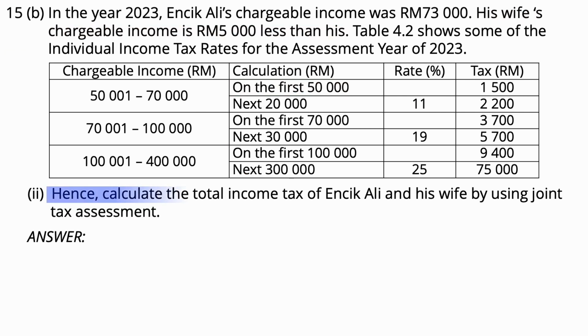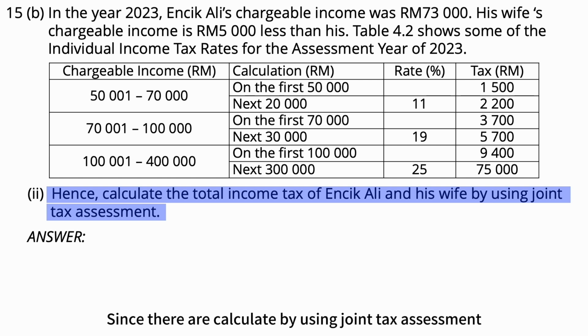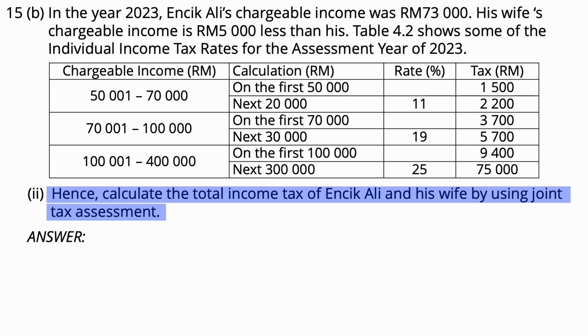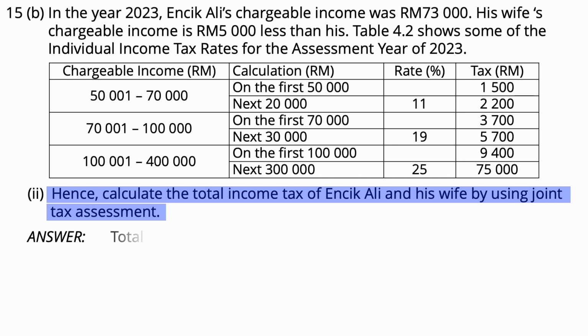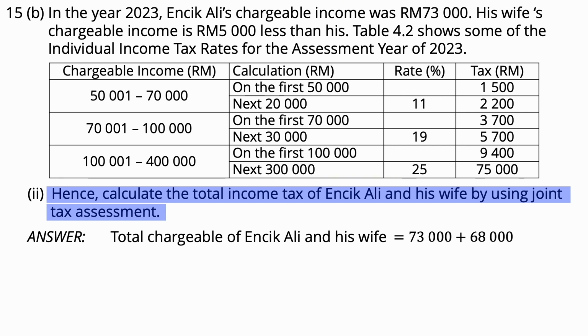B2. Hence, calculate the total income tax of Inequality Ali and his wife by using joint tax assessment. Since this is calculated by using joint tax assessment, add up the chargeable income of Ali and his wife. Their total income is 73,000 plus 68,000 equals 141,000.